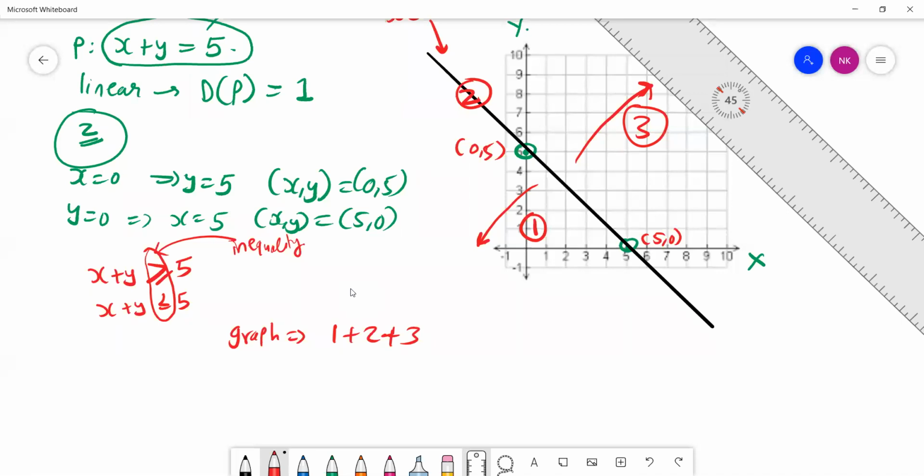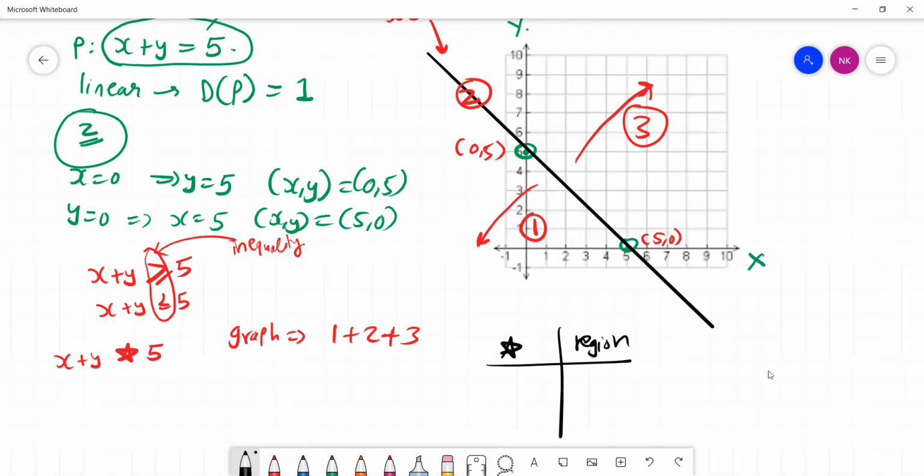Now, let's say I have x plus y star 5, where this star is the sign of equality or inequality. So I would have star and region. I would just write this, star and region. Let me just move the scale.